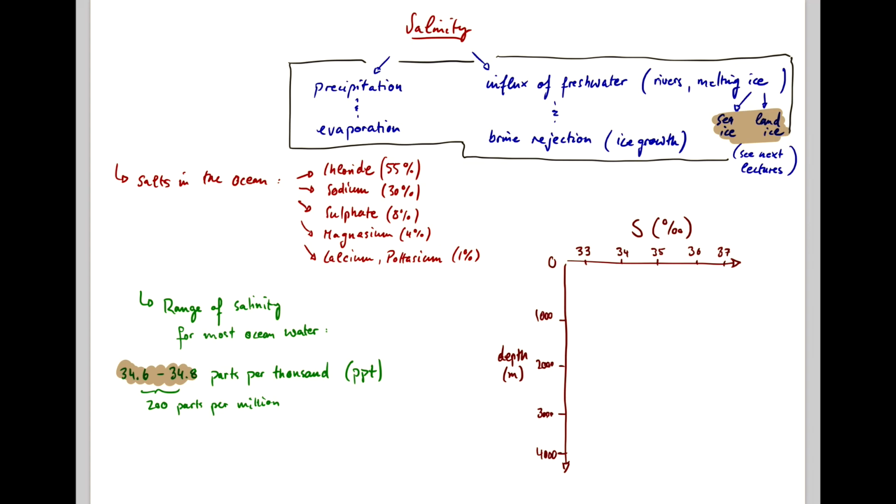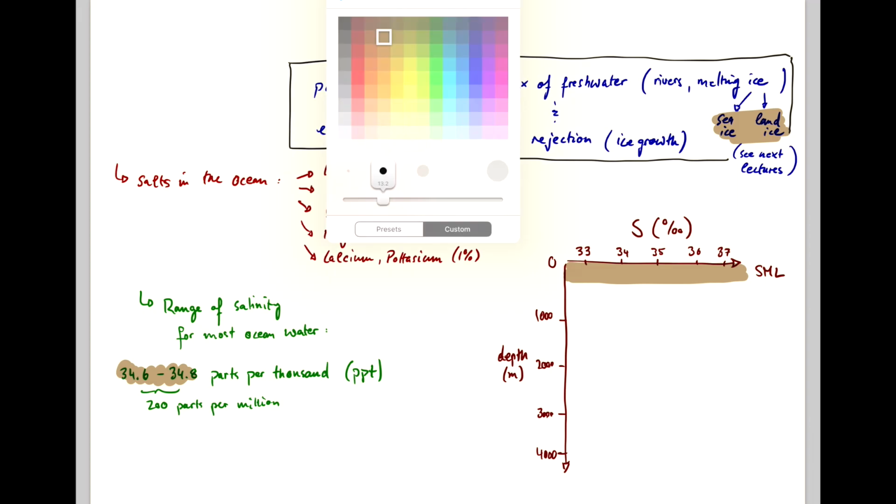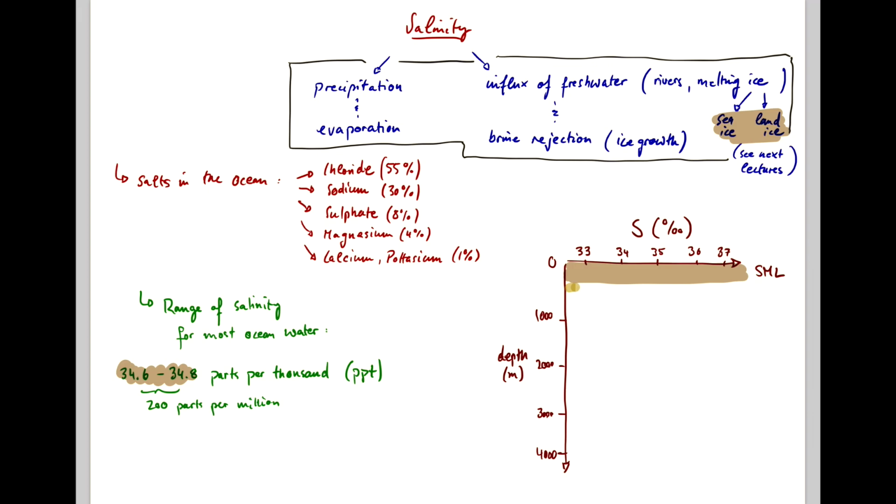And again, we will have this shallow surface mixed layer, SML. Not only the temperature is pretty well mixed, but also the salinity. And then you will have a range of depths below that where you have steep changes in salinity, and that is called the halocline.